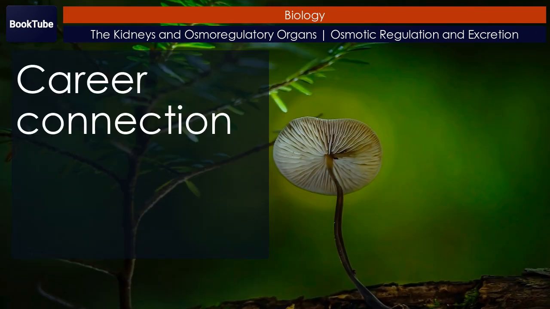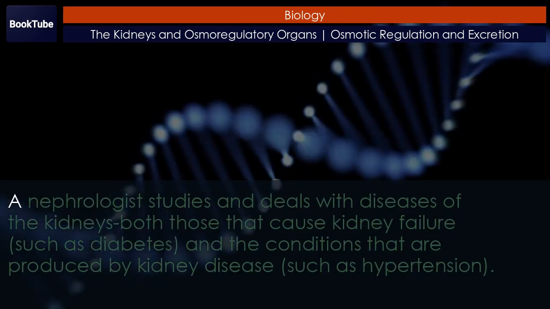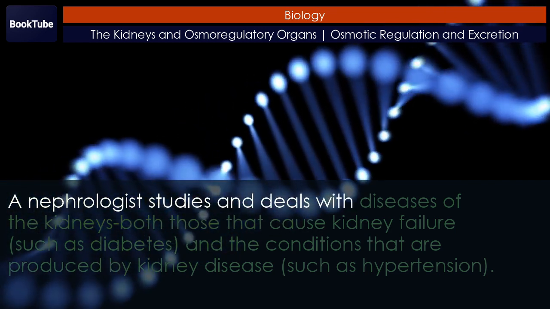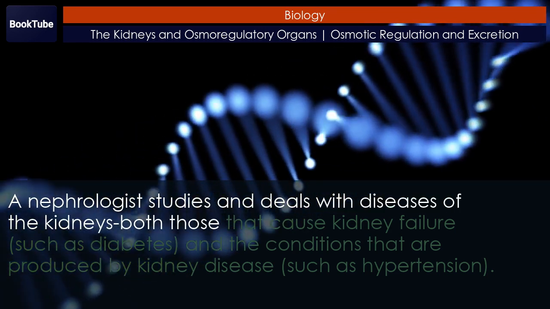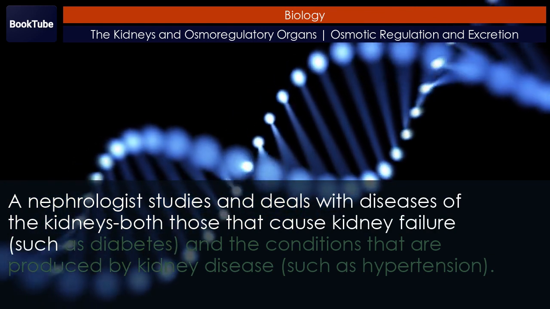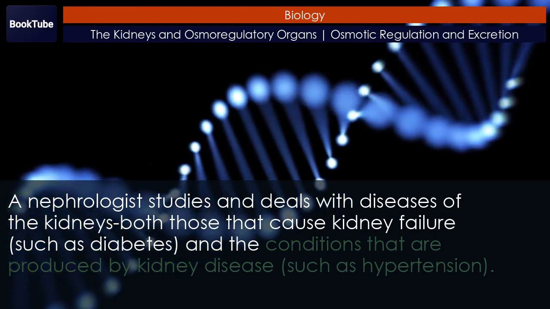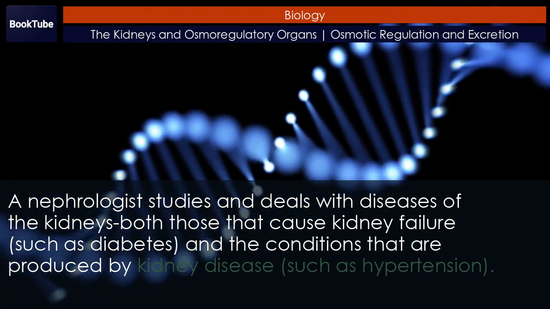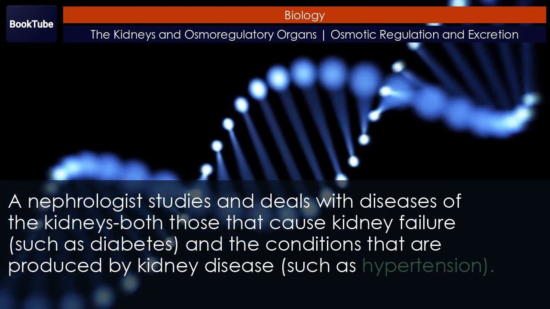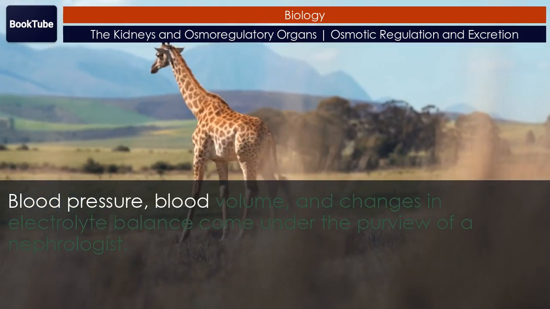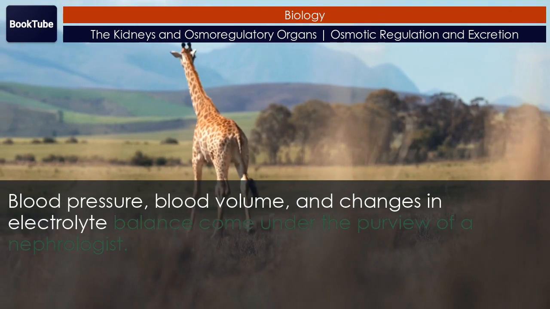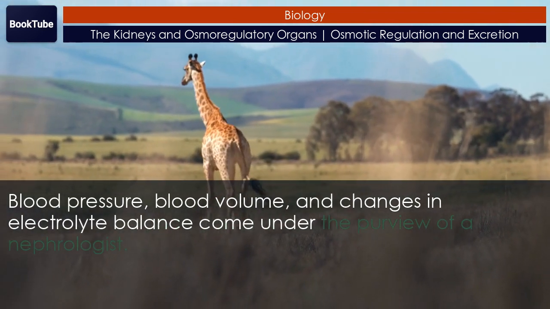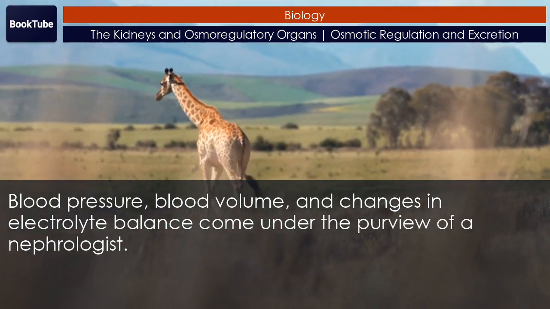Career connection: Nephrologist. A nephrologist studies and deals with diseases of the kidneys, both those that cause kidney failure, such as diabetes, and the conditions that are produced by kidney disease, such as hypertension. Blood pressure, blood volume, and changes in electrolyte balance come under the purview of a nephrologist.